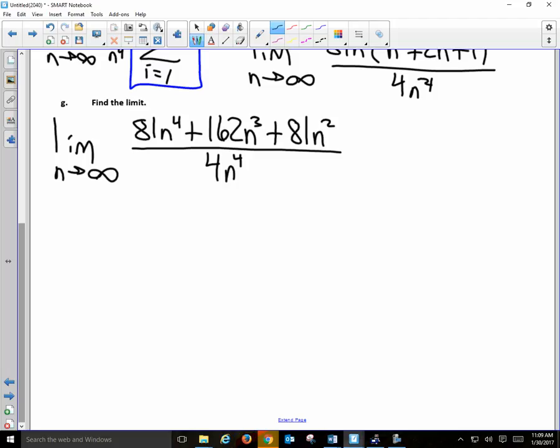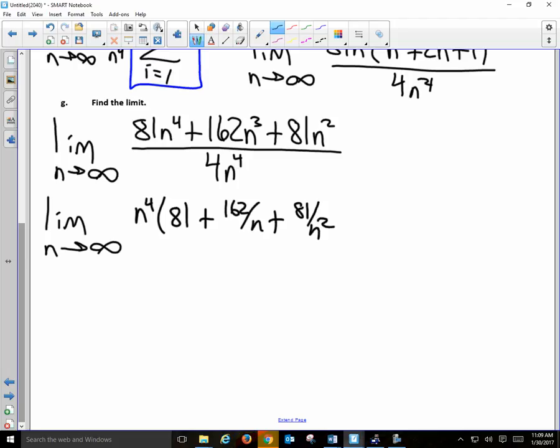What now? Take out n to the fourth. Very good. So we've got the limit as n goes to infinity. It used to be, well, how do you do infinite limits? You just do it. You guys know how to do this stuff. So we take out n to the fourth, we get 81 plus 162 over n plus 81 over n squared, all over 4 n to the fourth.